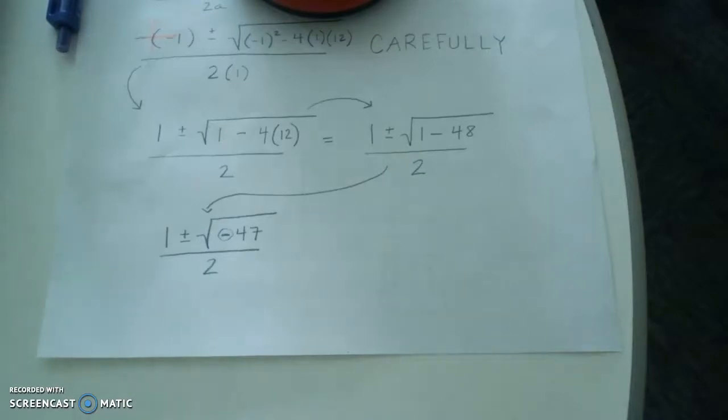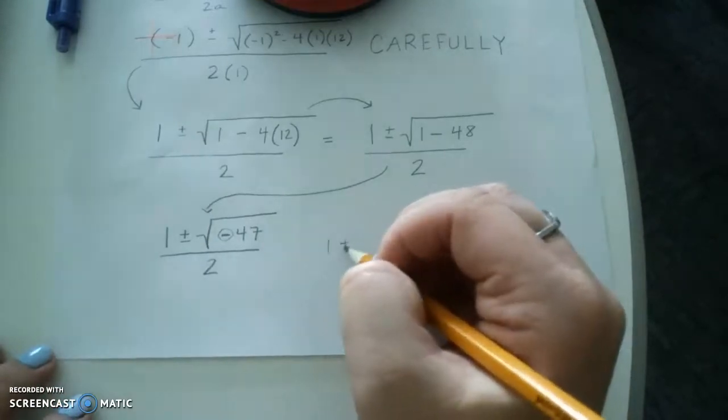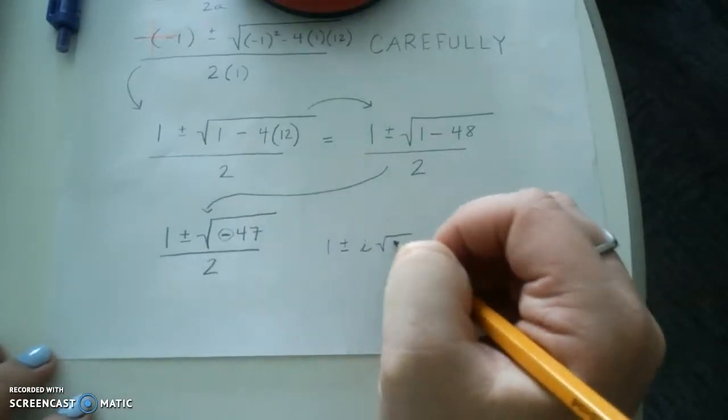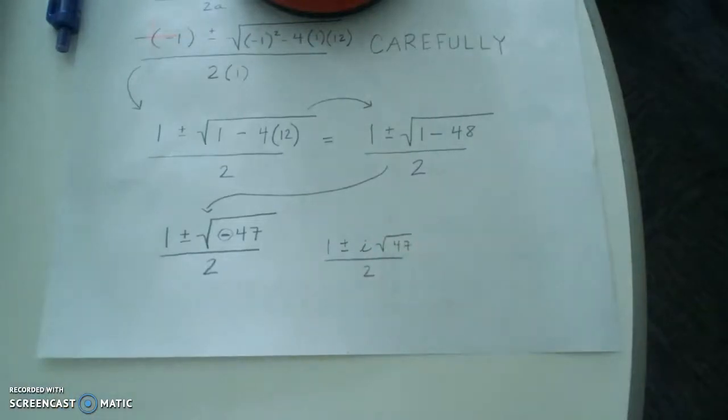If you will remember back to our basic rules of math, you cannot take the square root of a negative. You can once we get to advanced levels of math, like Algebra 2B, but currently we cannot do this, okay? Because our answer is going to end up looking something like this, and we do not know our imaginary numbers yet.